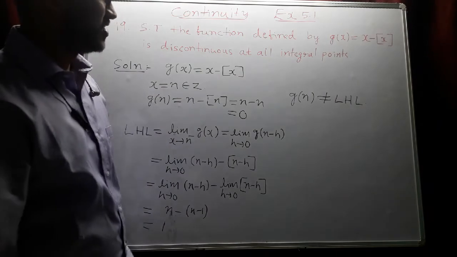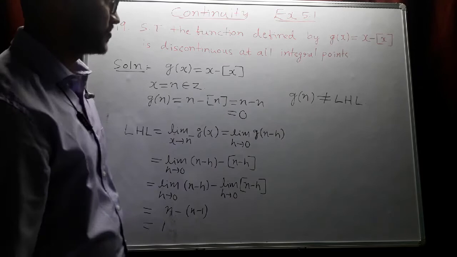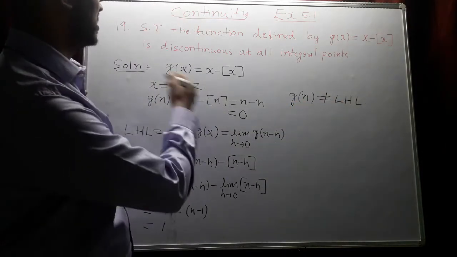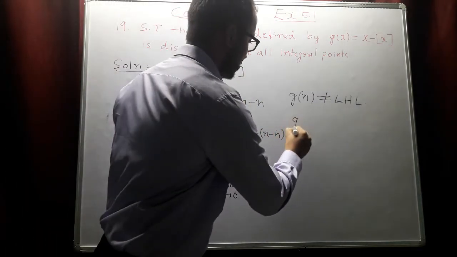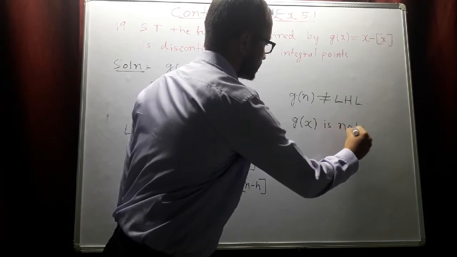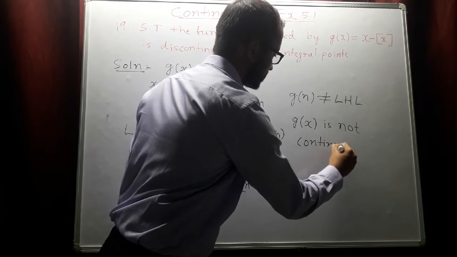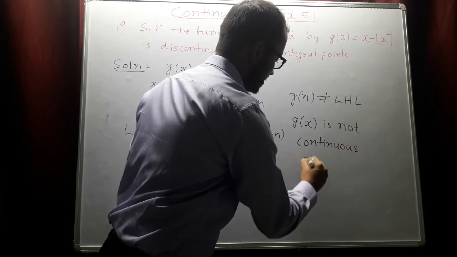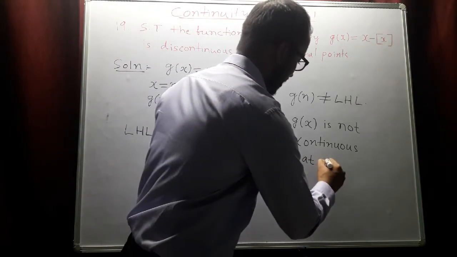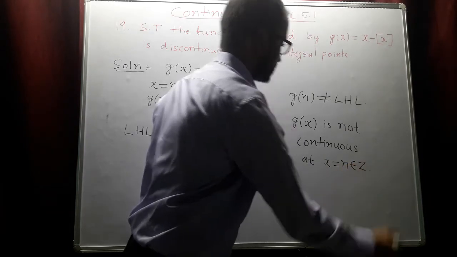So from the definition of continuity, we can say that if these two are not equal, then the given function g of x is not continuous at integral values, that is, not continuous at x equals n, where n is an integer.